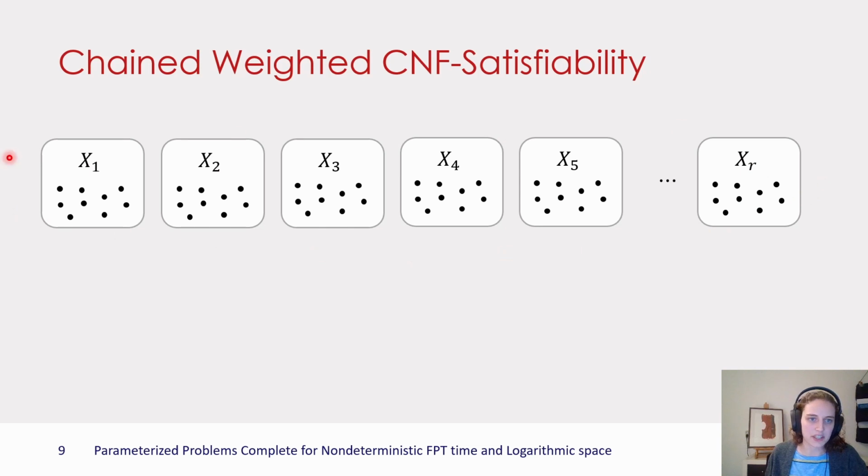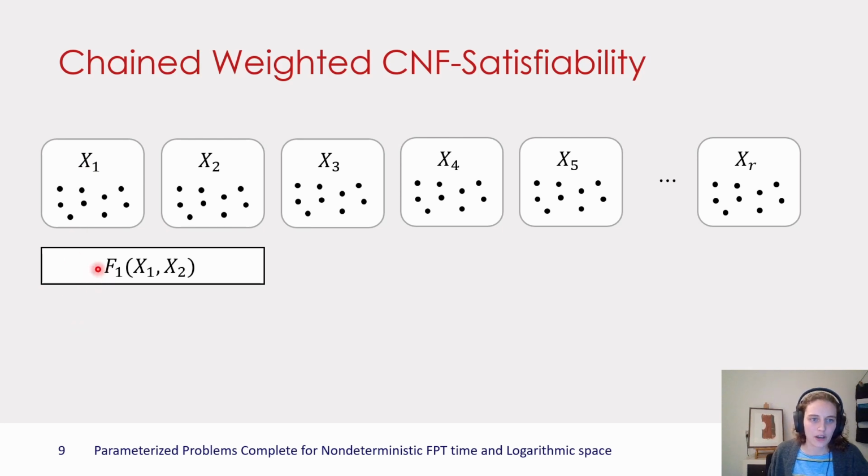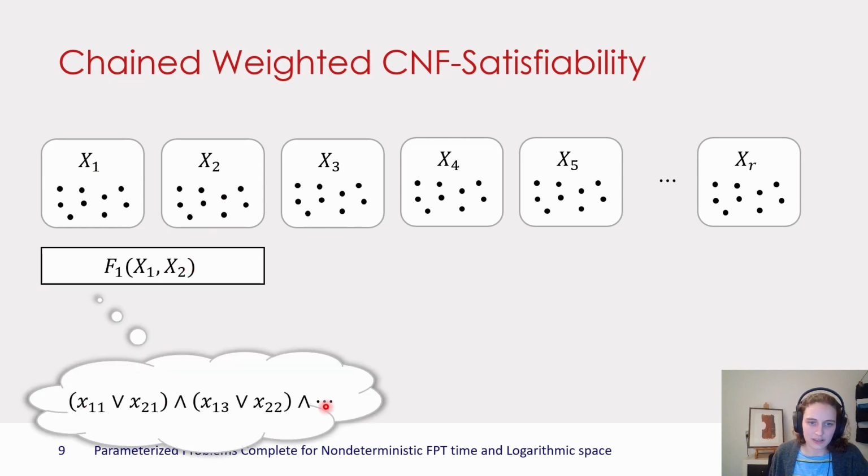So we have a formula for each two sets that lie next to each other. So we have a formula for x1, x2. And with a formula, just so you know, it really looks like a CNF formula, so something like x11 or x21, and of course we want it to be true in the end.